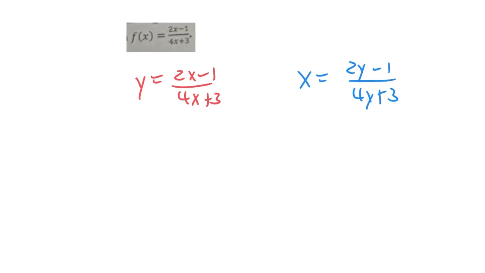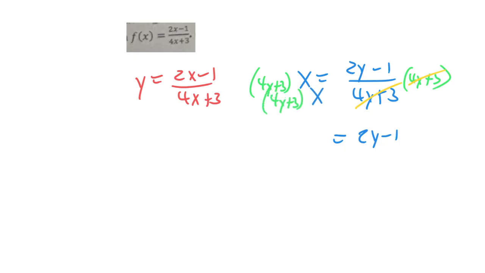At this point, yes, you want to get y by itself, and really the smart way to do that is to multiply both sides by 4y plus 3 to kind of uproot that denominator. So that's gone. Now we have 2y minus 1 equals this whole thing.